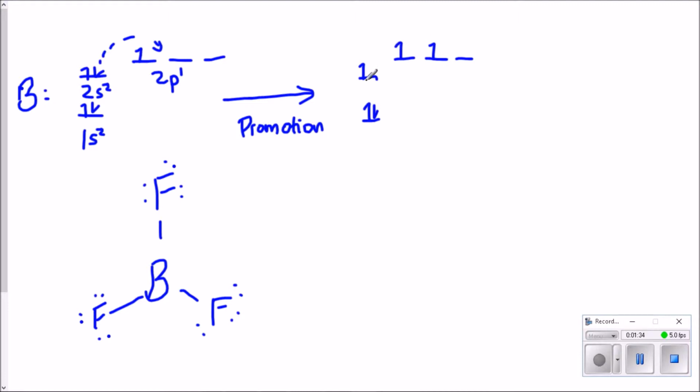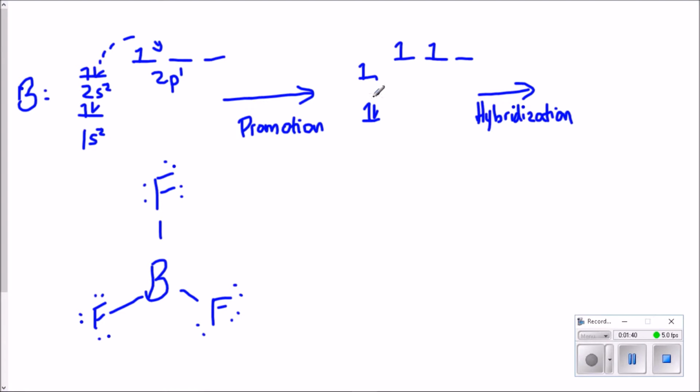Now I have 3 bonds, but the issue is that each one of these 3 bonds has to be the same. So I have an s and 2 p's. So what ends up happening, so that we have the same type of bonds for all 3 fluorines, is that we have a hybridization. The 3 orbitals come together and they hybridize, and they form sp2 hybridization.